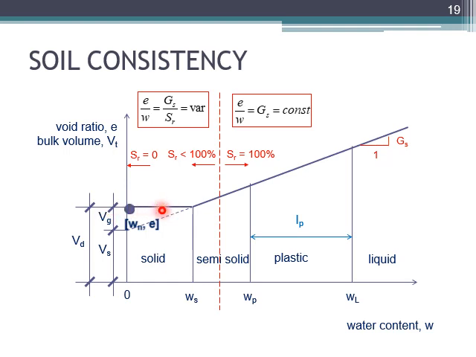The soil then will be in the solid consistency, and there is no more water in the sample only at this point. Between that point and that point, there is still some water in the pore voids, but they are not filling the voids completely because the sample is not fully saturated, and their further decrease is not influencing the total volume of the sample.